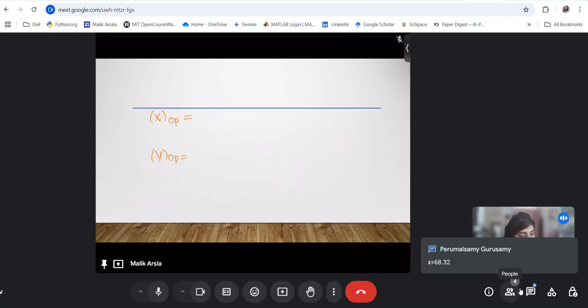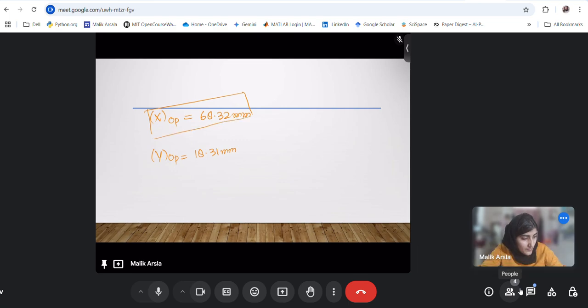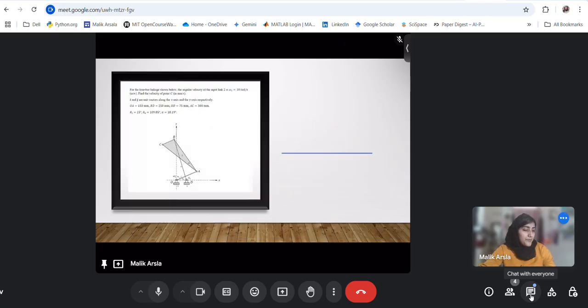Yeah, x coordinate is 68.32 mm and y coordinate is 18.31 mm, which is basically OP cos of 15 degrees, and this is OP sine of 15 degrees. Okay, I think this was pretty straightforward. Now maybe we can go to the next question.